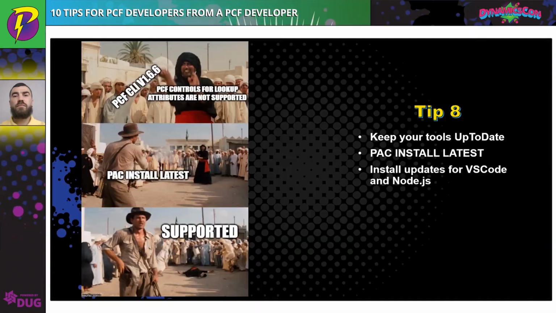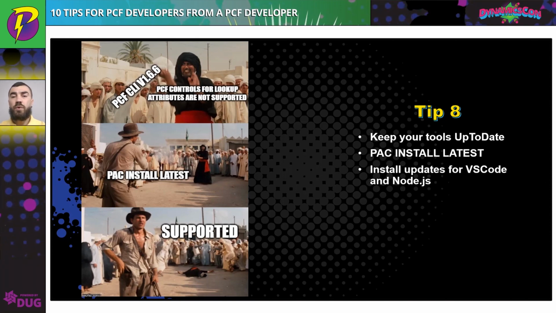I still have 3 tips to share, and without any additional pause, let's jump to tip number 8. It states, keep your tool belts up to date. With VS Code and Node.js, it will be relatively easy because both of those applications will suggest you perform the update if an update is available.